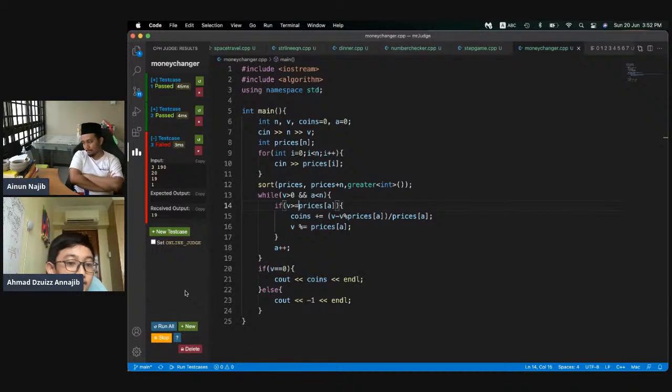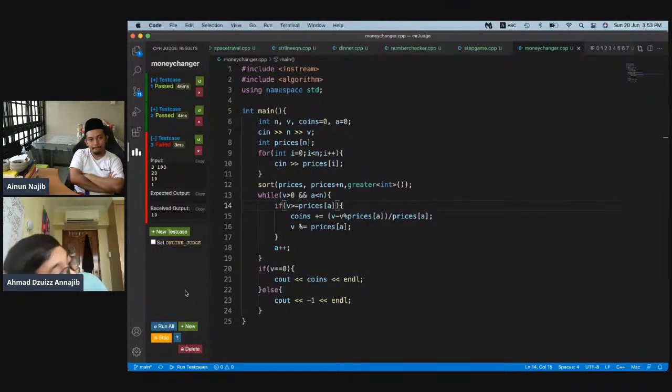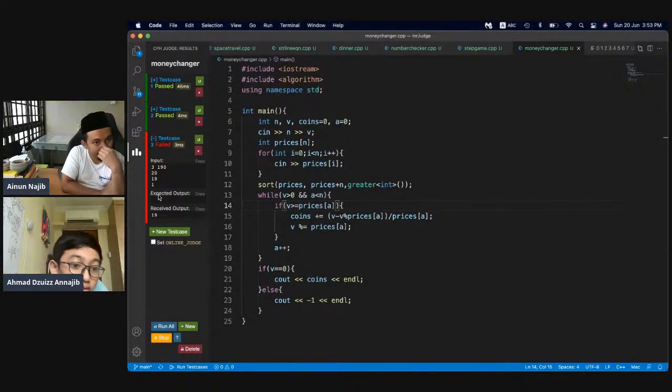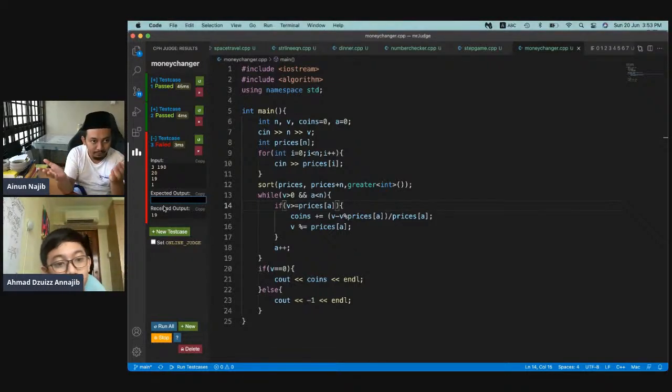I still don't know how to do this. You know what is the correct answer? What should be the expected output? If you have three types of coins, 20, 19, and 1, and you need 10... it's supposed to be 10.